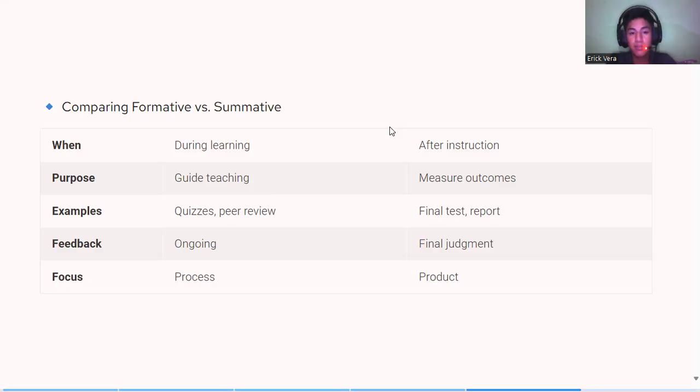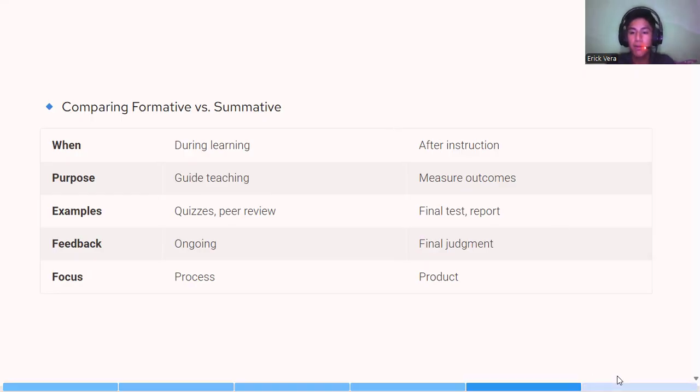The examples could be quizzes, peer review in the formative, and in the summative final test or report. The feedback could be ongoing in the formative and in summative final judgment. And the focus, the formative is the process and the summative the product.